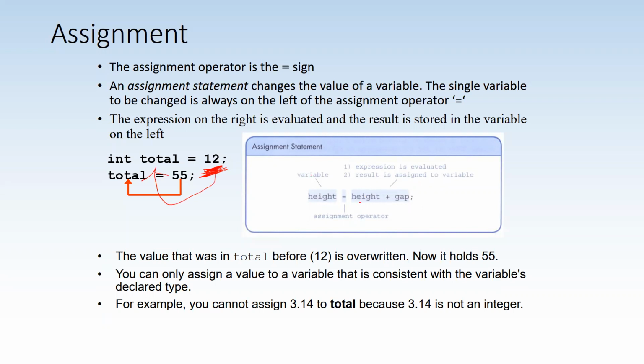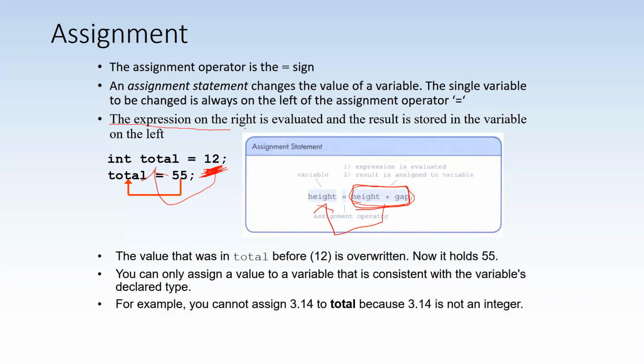Look at this, not this semicolon, just this part. This is a math expression, right? We call that an arithmetic expression. It's saying get the sum of the variable height and gap, add them together, and then place that value in this variable location.